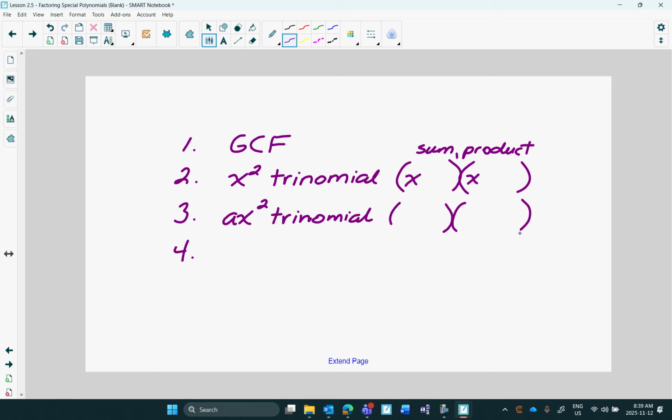It's going to be some other pair. There's still going to be numbers here, okay? And that's when I do that. Remember, we always check the middle term by doing the rainbow. So I just want to review that. I'll write down the fourth one after we do it today.